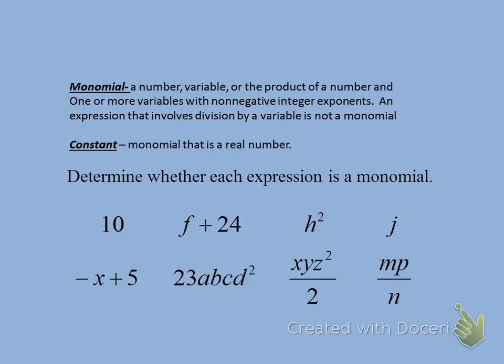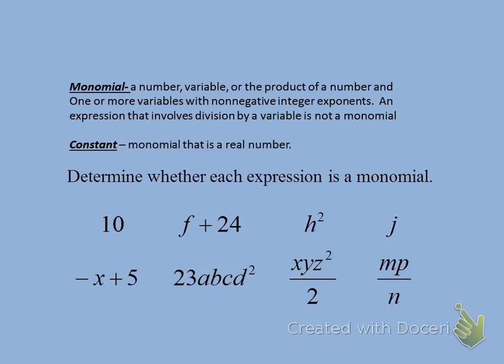Everybody good? All right. An expression that involves division by a variable. Not just division, but if you have division by a variable, it's not a monomial. If you have a constant, keyword for a constant, that's a monomial, that's a real number.